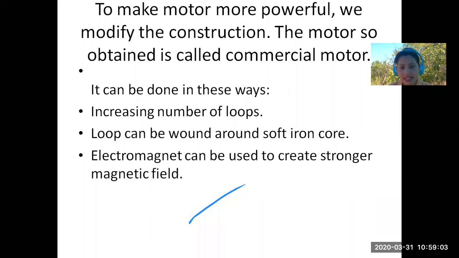The loop can be wound around a soft iron core, also called the armature, but you just remember it as soft iron core, which acts as an electromagnet. And an electromagnet can be used to create a stronger magnetic field. You can increase the current, or increase the number of loops, or increase the strength of the magnetic field.